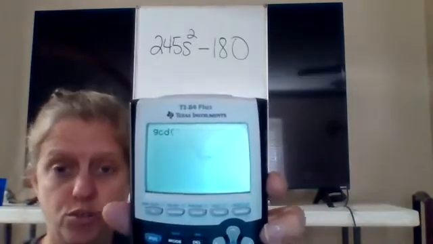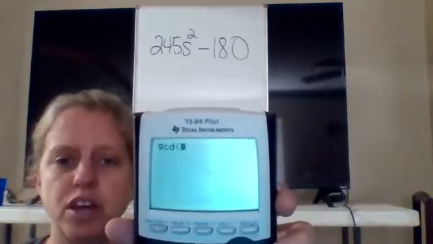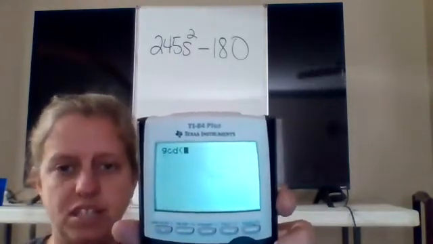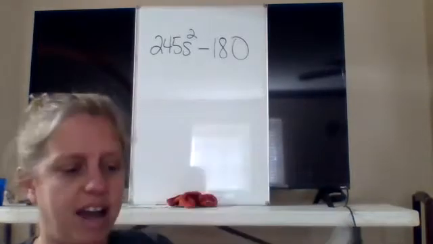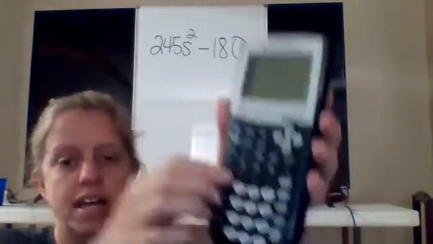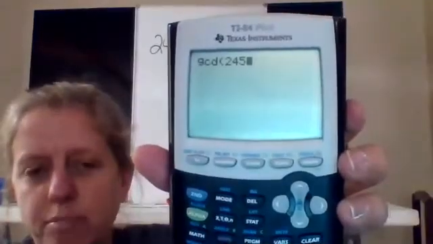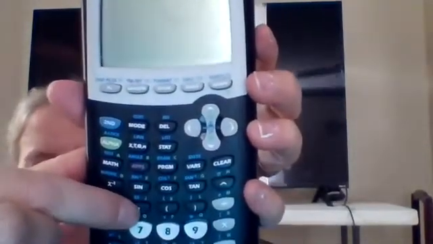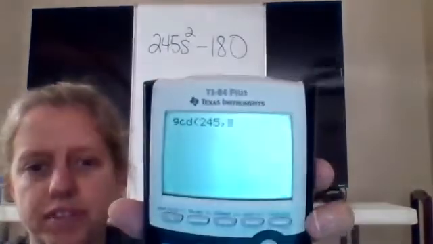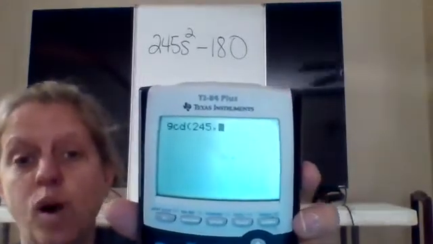Now, you're going to enter both of those numbers. Don't worry about the negative symbol. So enter 245, then hit this comma button, because you want to separate the two numbers with a comma. Then I'm going to put in my other number, which is 180.